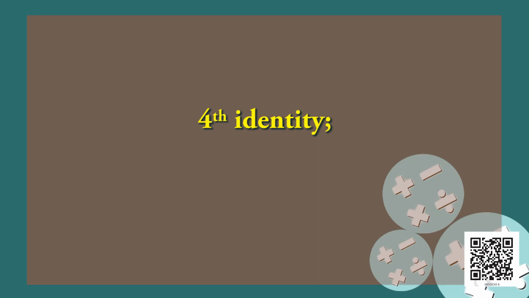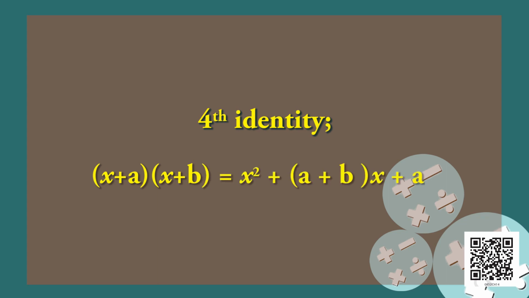Fourth identity: x plus a into x plus b is equal to x square plus a plus b into x plus ab. We have to look at the coefficients of x and the constant term. To apply this identity, the general rule is as follows.